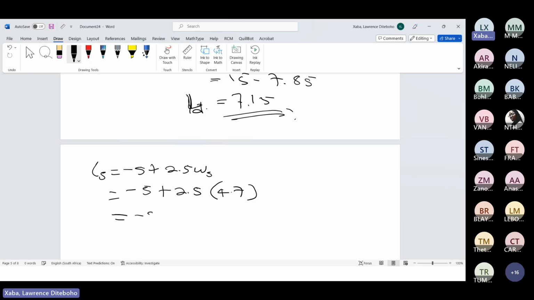Okay, let's simplify it. Then we say 2.5 times 4.7. Then we have 11.75. Then we say minus, yeah, minus 5.